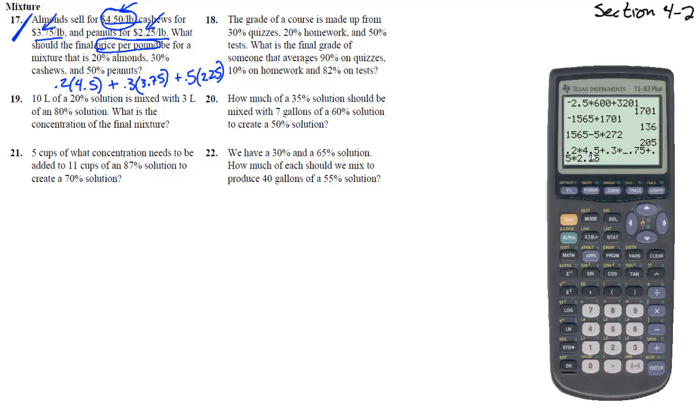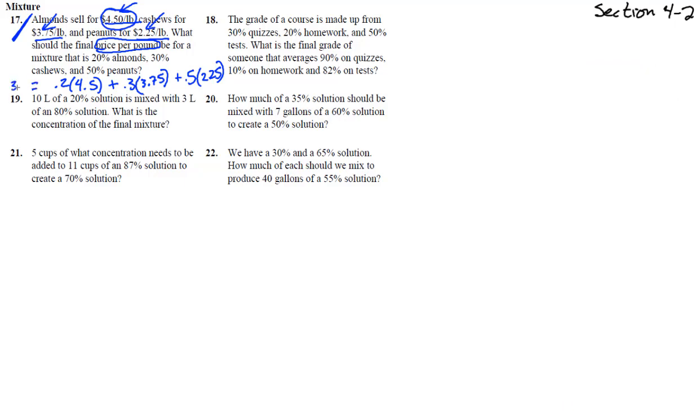So 0.2 times 4.5 plus 0.3 times 3.75 plus 0.5 times 2.25. And that gives $3.15. So that is the average of all of these. And notice it's not just that we took that plus that plus that and divided by 3. That would have given us a 33% weight on each of these. This is called a weighted average. So $3.15 is the final cost of that mixture. And then they can sell it and whatever.